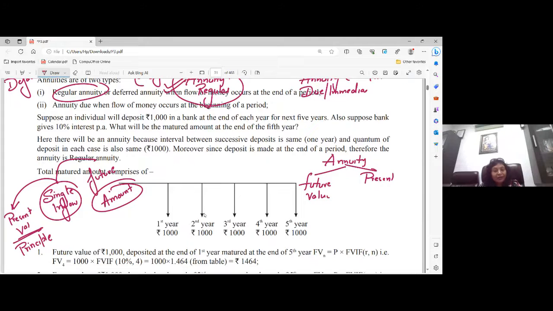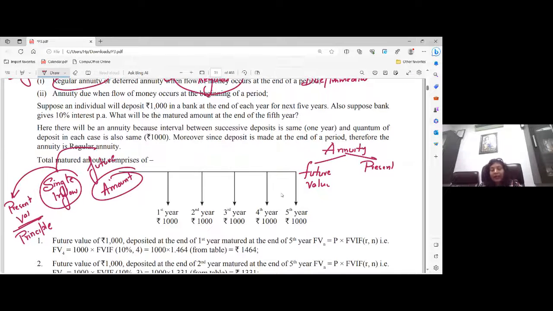But in case of annuity, either we have future value or we have present value. There is not even one scenario in which an annuity has both values. In case of installments, either you are depositing money in installments so that you can get the amount in future, that is called future value, or you have received something in the present.